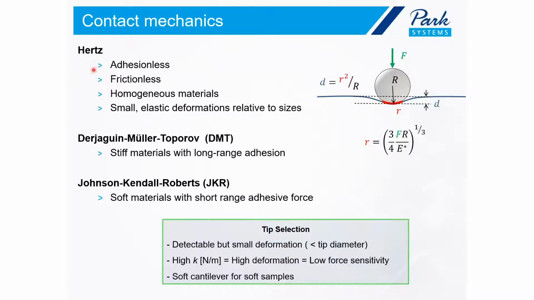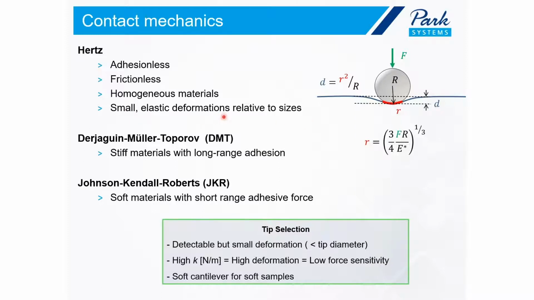It makes some assumptions that basically this contact between our surface and the tip is adhesionless, it's frictionless, and the two materials of the tip and the sample are homogeneous half spaces. So basically they extend infinitely. So these are theoretical assumptions. And the deformation is small and elastic.